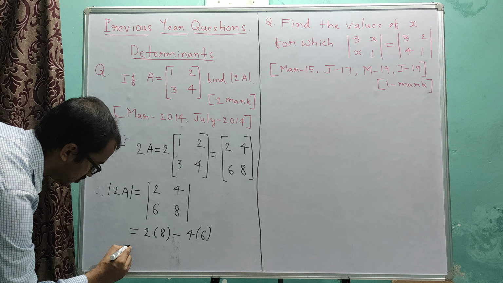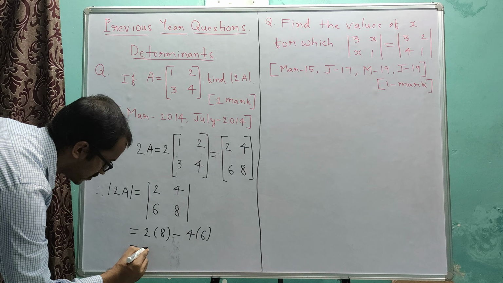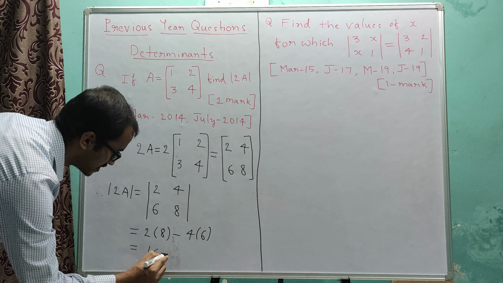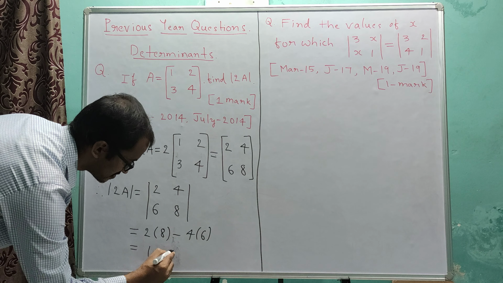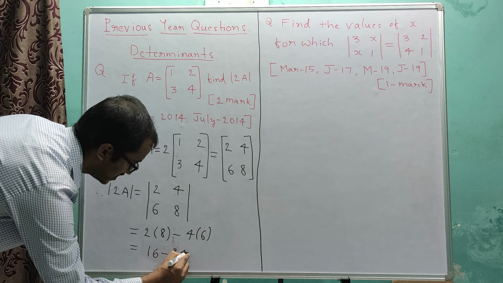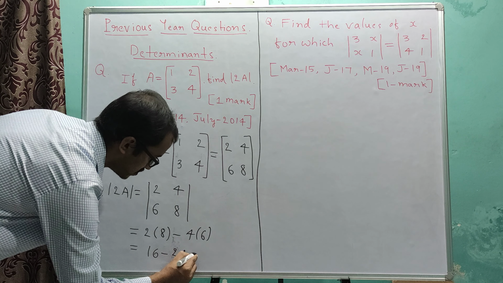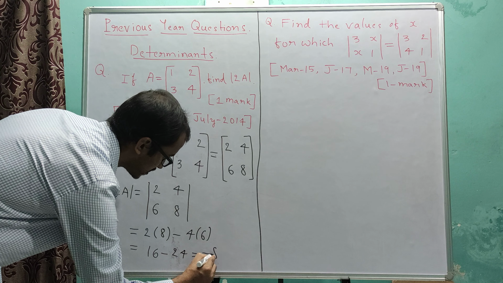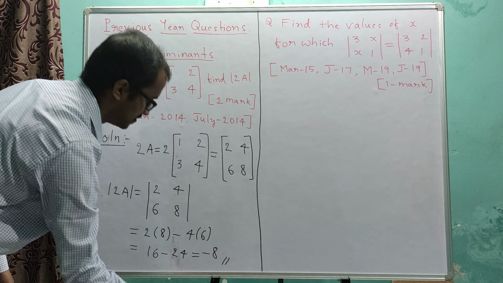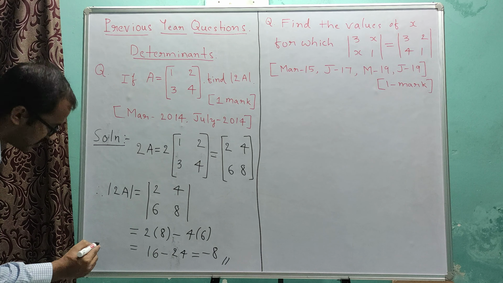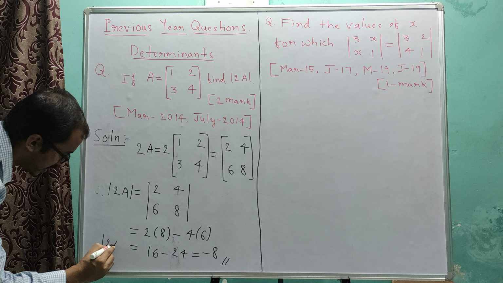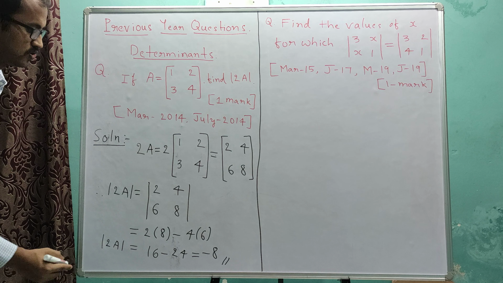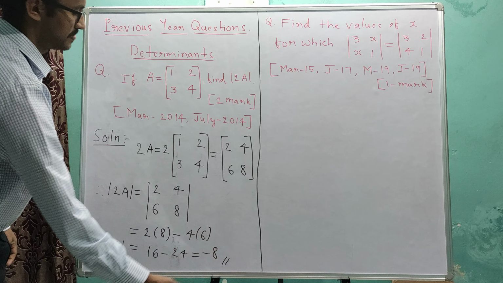That is 2 into 8 becomes 16, minus 4 into 6 becomes 24. So 16 minus 24, that is minus 8. So the value of the determinant of 2A is equal to minus 8.